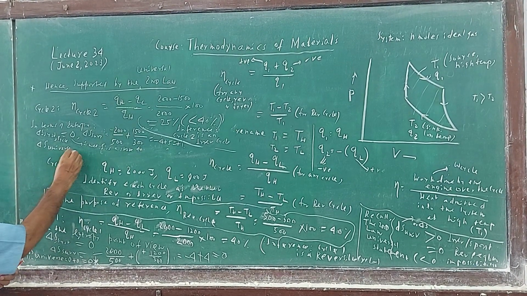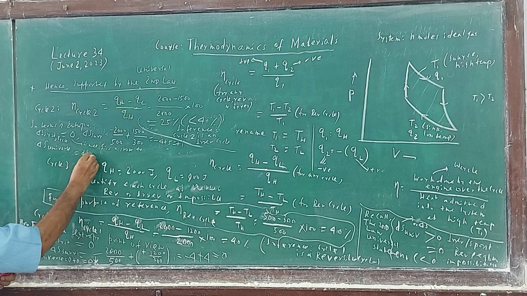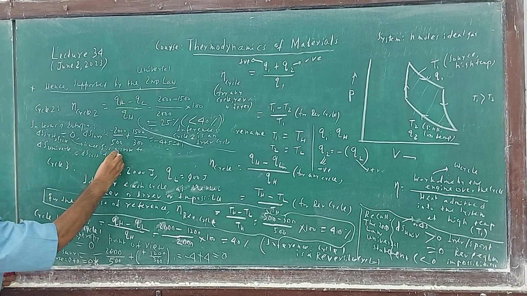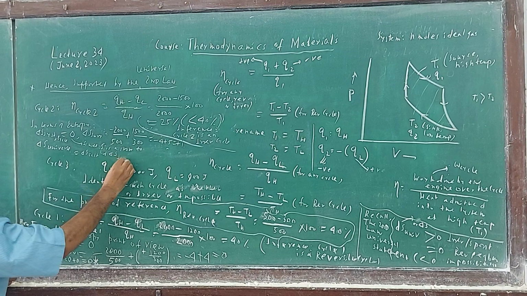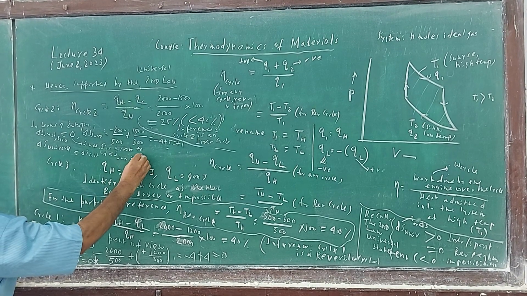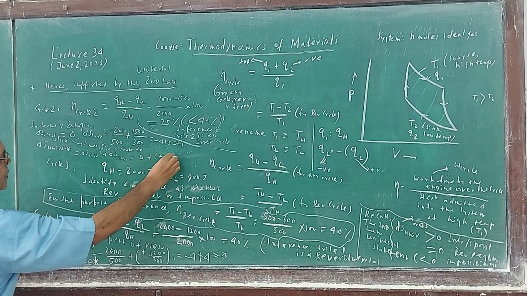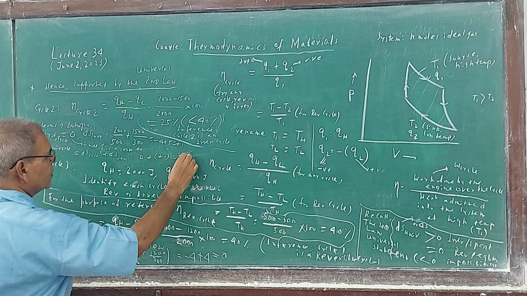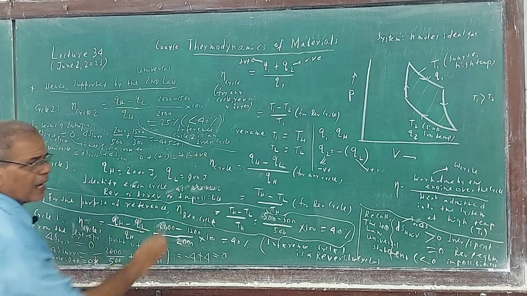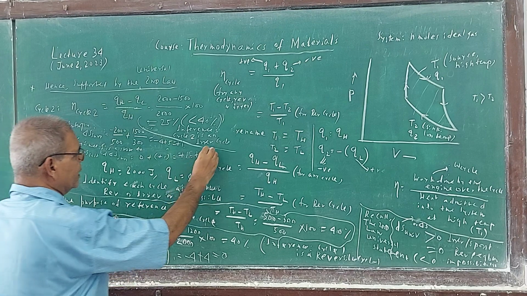Delta universe is delta system plus delta surrounding, which is 0 plus 1, plus 1, positive. Hence approved, in agreement.